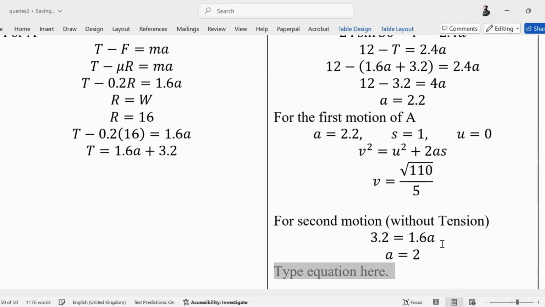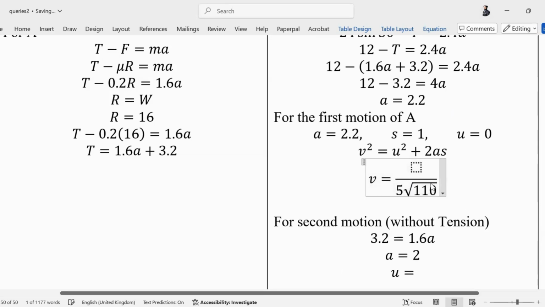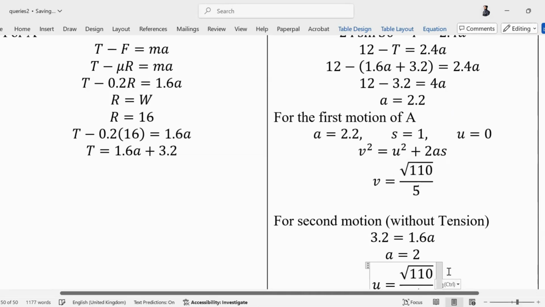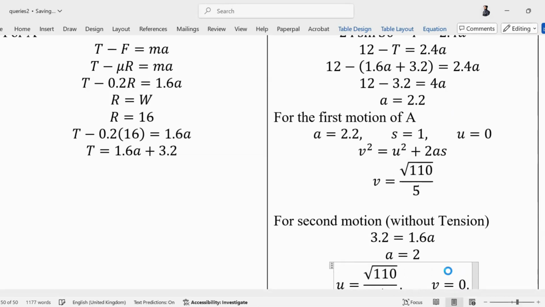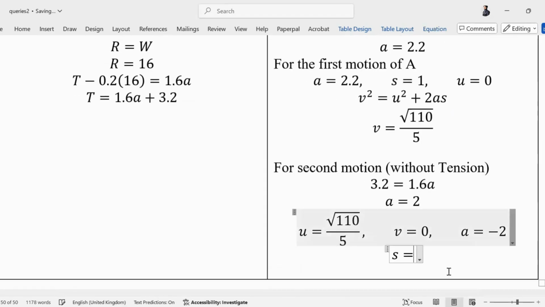I know the initial velocity of this motion, which is the final velocity of the previous one. The final velocity is 0. Here a is -2, and I need to figure out s. Is that right or wrong?